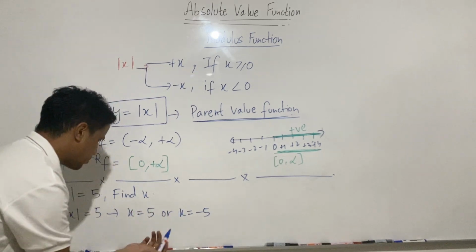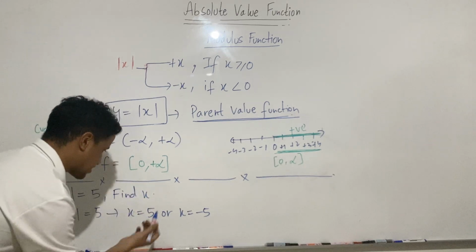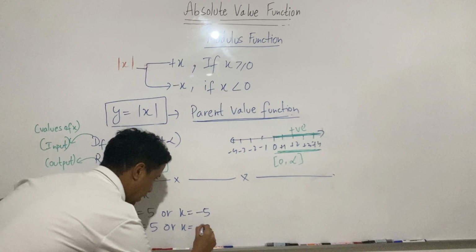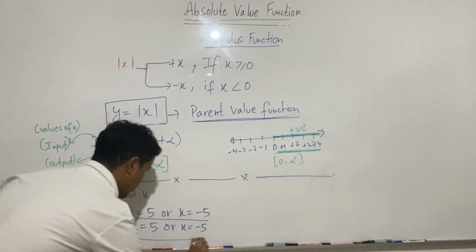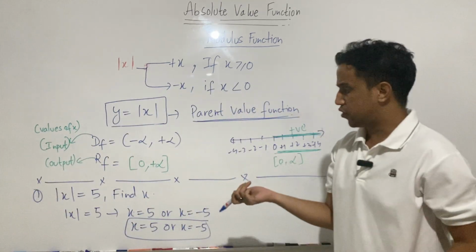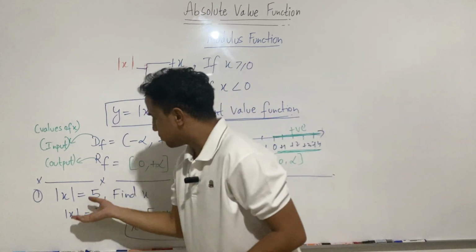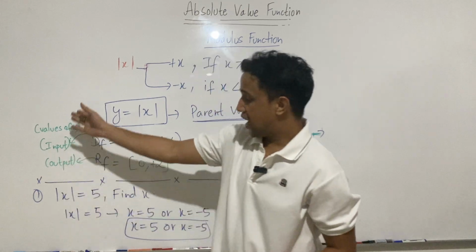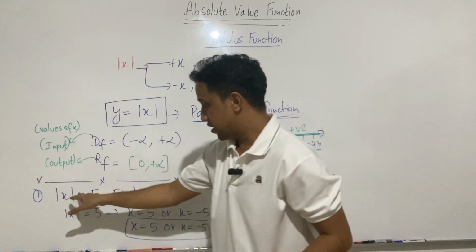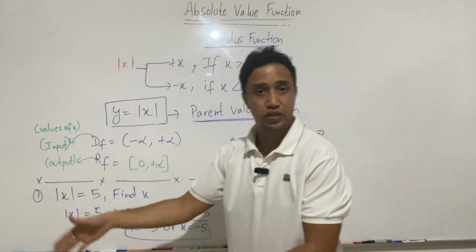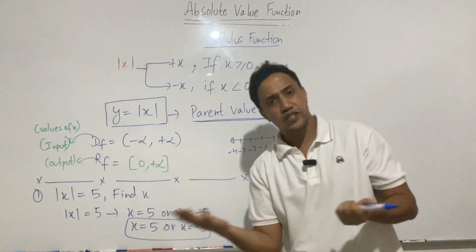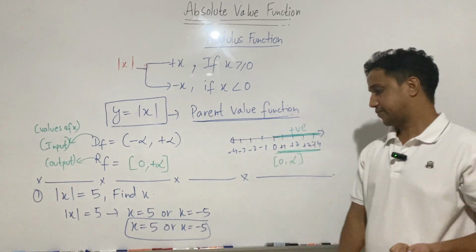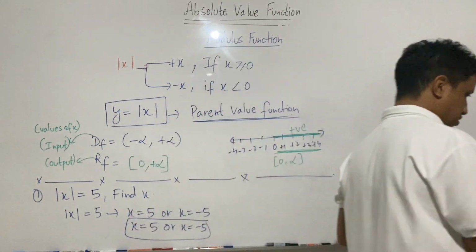So what's going to be the x? So x is going to be 5 or minus 5. I hope you understand it. So the modulus function of any variable here would be 5 when your input is 5 or your input is minus 5. So that's what I did. I hope it made sense.